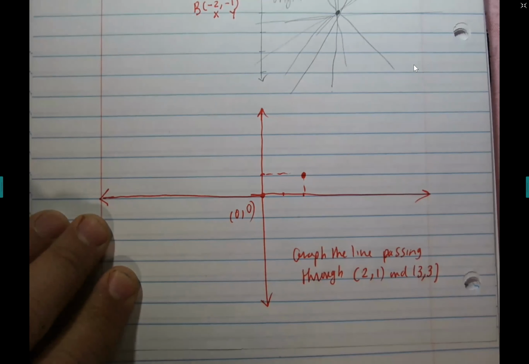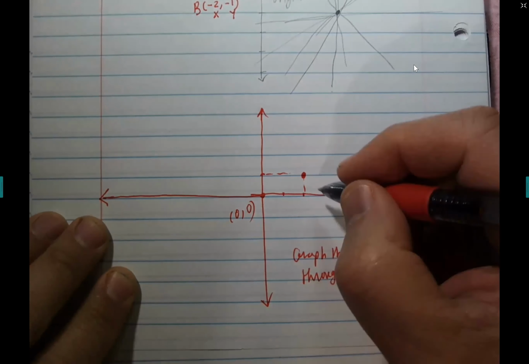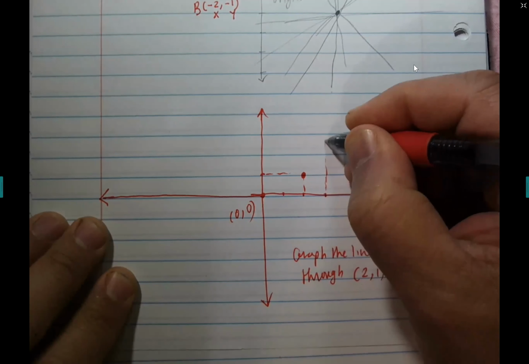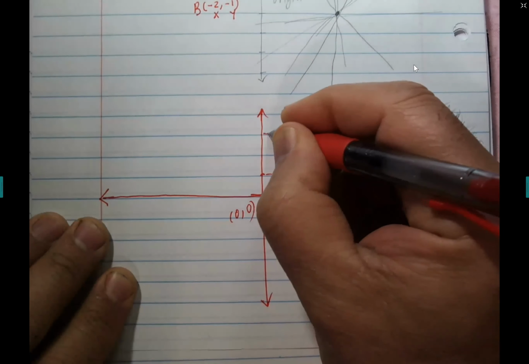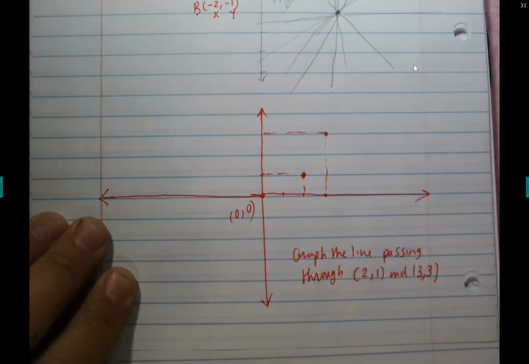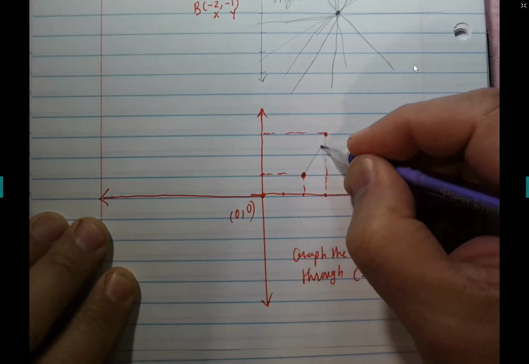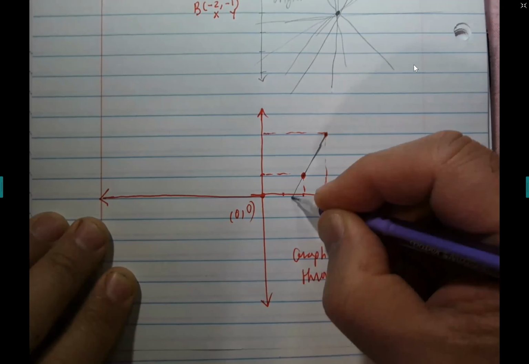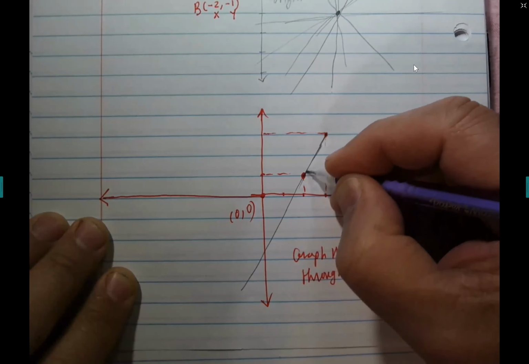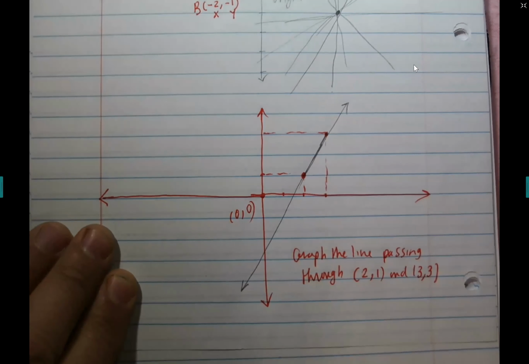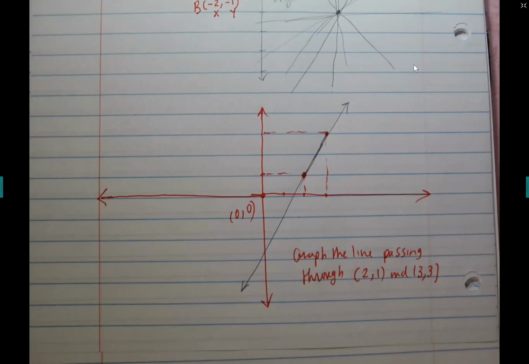This is 2, 1. Then 3, 3: you go 3 units to the right, 3 units up. That's the point 3, 3. And this is your line, guys. It's unique. That's our line.